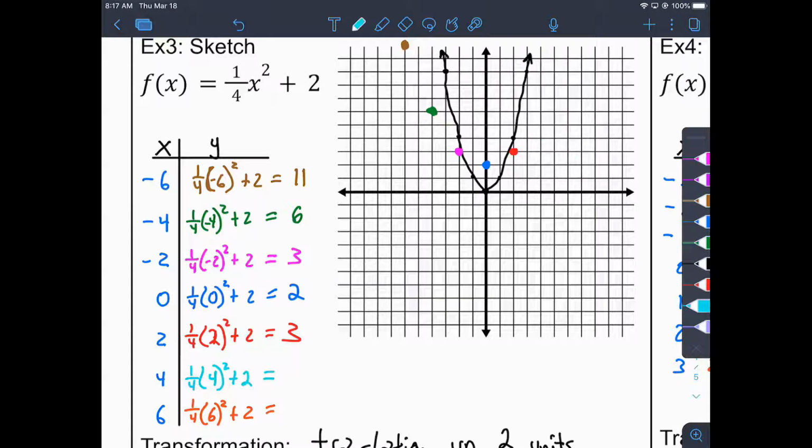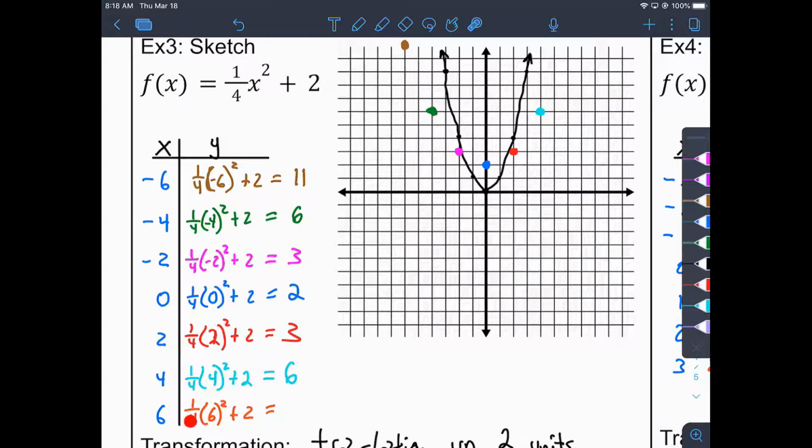Next one, 4 squared is 16. Divided by 4 is 4. Plus 2 more is 6. So I'm going to go over 1, 2, 3, 4, and I'm going to go up to 6. And last but not least, 6 squared we said was 36.